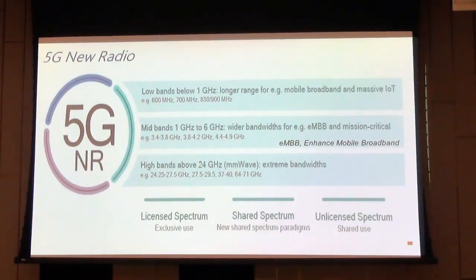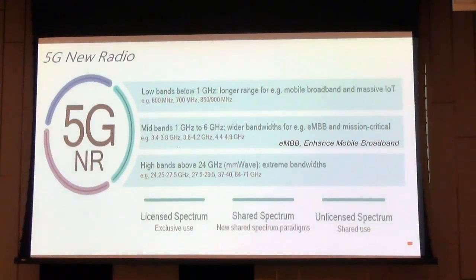And this is the fifth generation new radio, 5G, which is separated into different bands. First is the low band, which uses sub 1 gigahertz. The main application is long range and IoT applications.